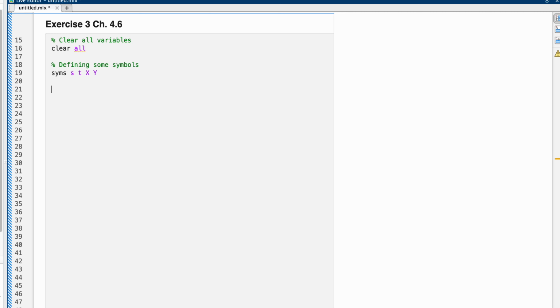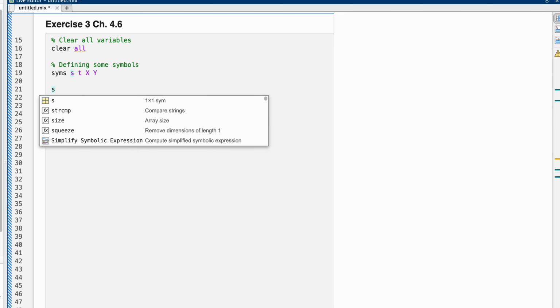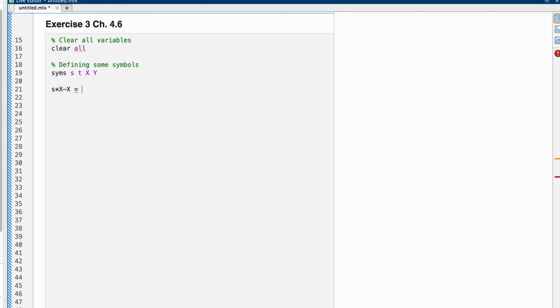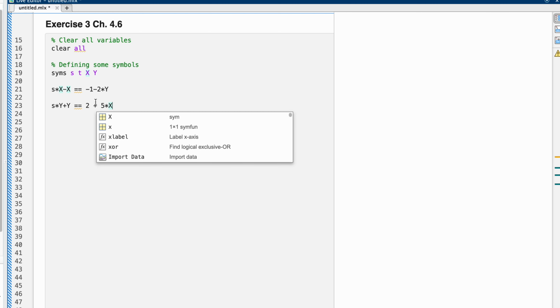After we applied the Laplace, we had s times big X minus x equals minus 1 minus 2 times big Y, right? So we can say that this was one of our equations. And then our second equation, s times big Y plus big Y equals 2 plus 5 times big X.